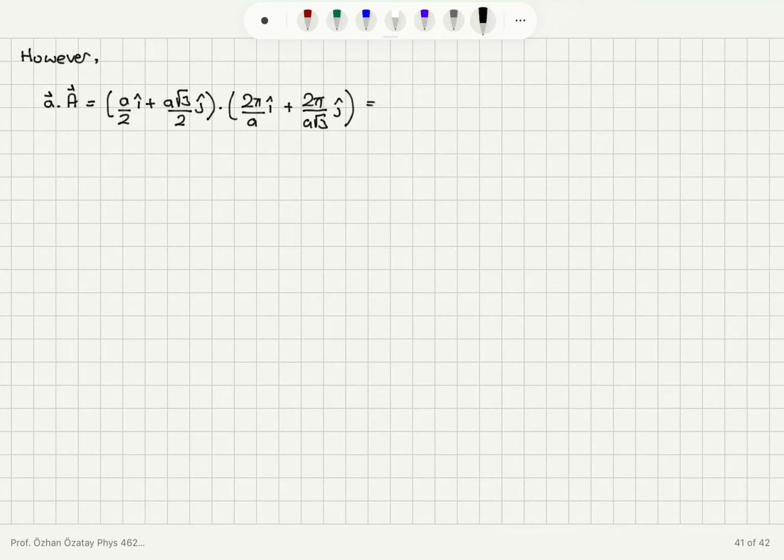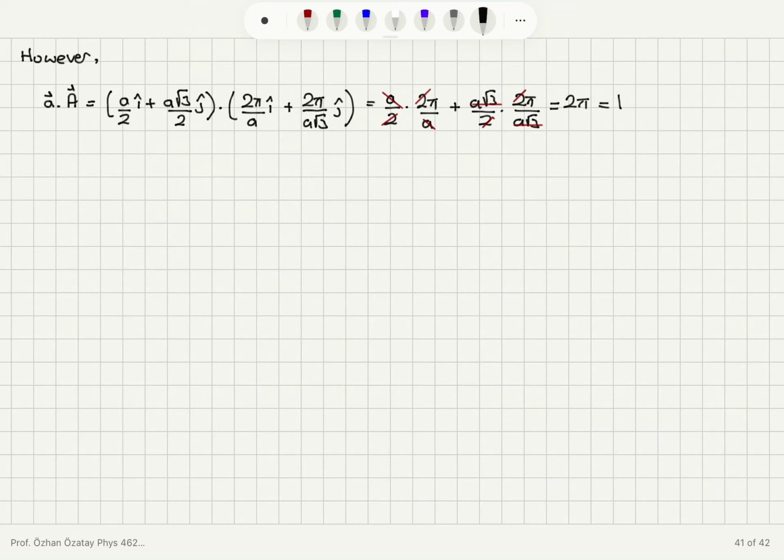You can see here for the i hat components I have A over 2 times 2 pi over A, and then for the j hat components I have A square root 3 over 2 times 2 pi over A square root 3, and this is going to give me the 2's cancel, A's cancel, A square root 3's cancel, the 2's cancel, pi plus pi, which is 2 pi.